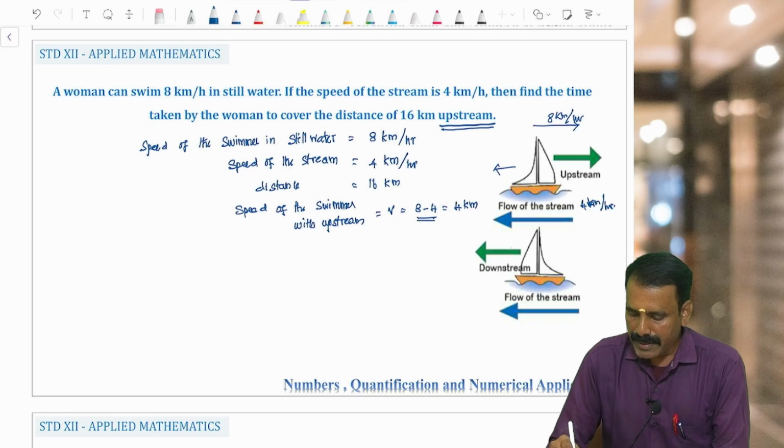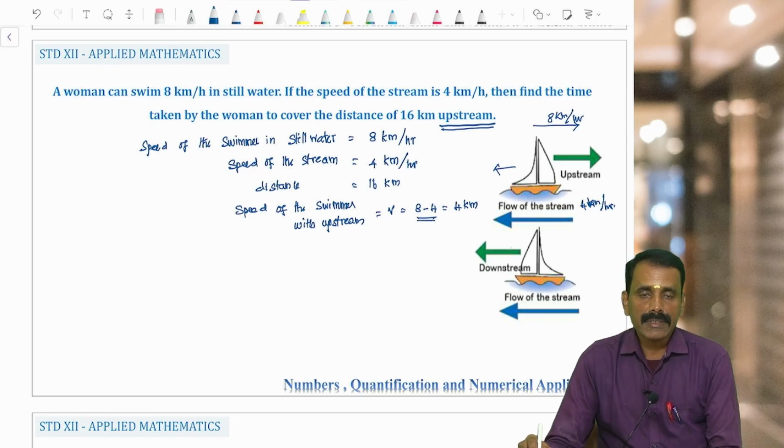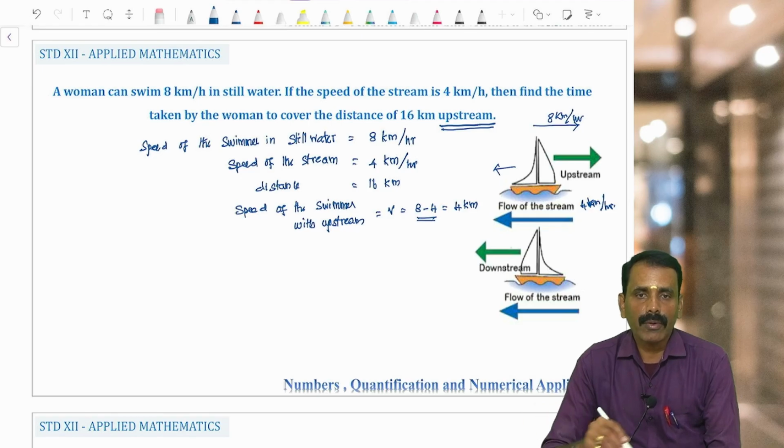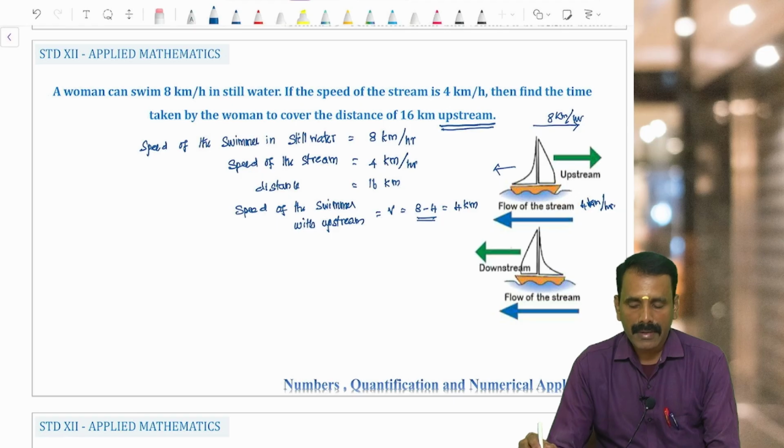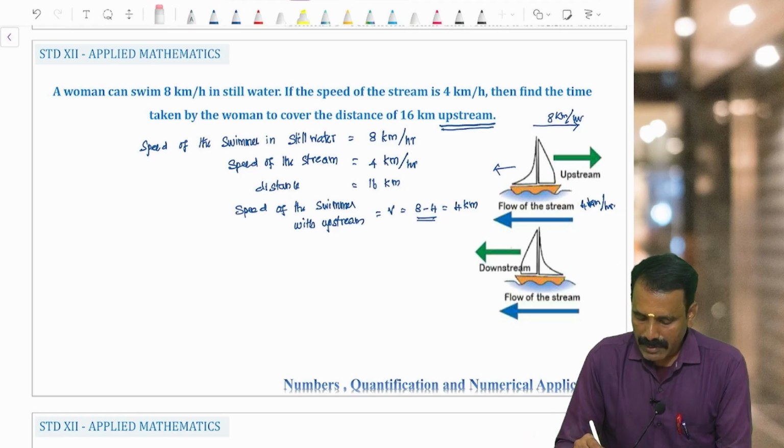We subtract the speed of the stream because she is going to swim against the flow of the water. So our speed reduces. How much is it reduced? 4 km per hour.